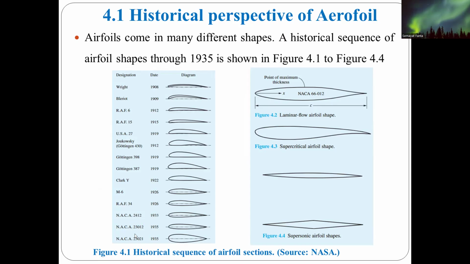Formerly, it is called NASA, which was provided with different 4-digit representation. The NACA 5-digit, NACA 6-digit are also there. Some of them are supersonic aerofoil shapes. Others are supercritical aerofoil shapes, laminar flow aerofoil shapes of the 6-digit, which are all given here. Actually, the source is from NASA.